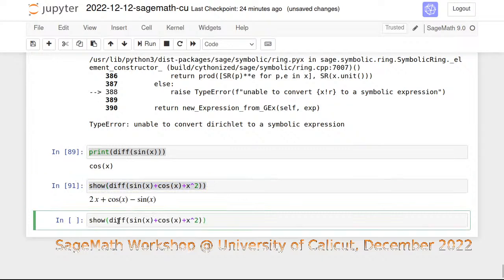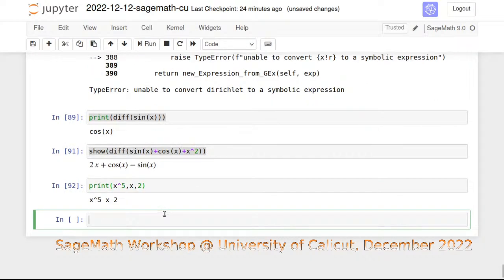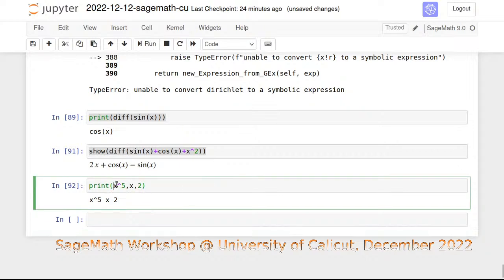Now even print x raised to 5, x and 2. Oh sorry, diff is missing.